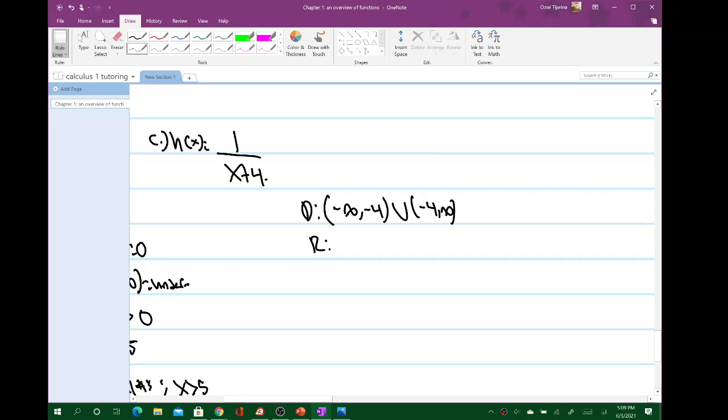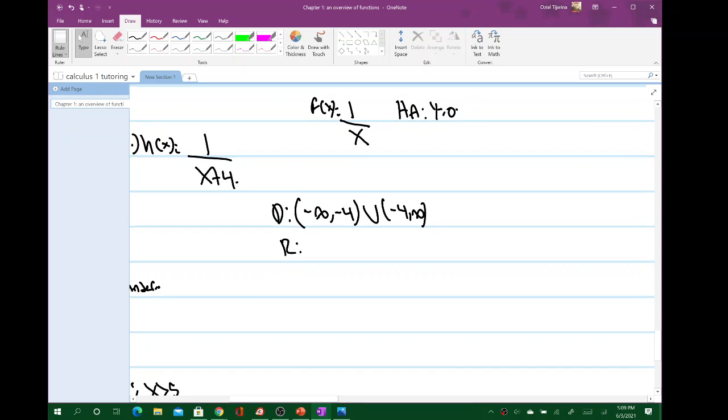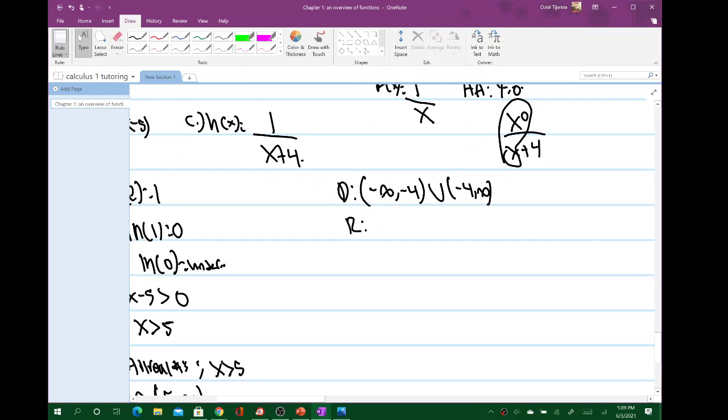Now, we know that if we look at the function 1 over x, the horizontal asymptote is y equals 0, okay? Because this is similar to x to the 0 over x plus 4, the degree of the numerator is less than the degree of the denominator. So the horizontal asymptote is also y equals 0 for this one.